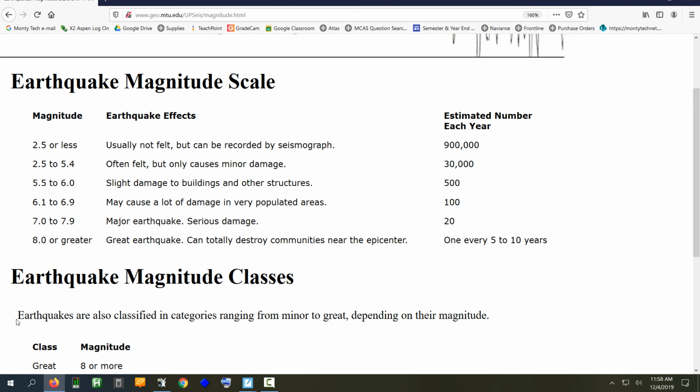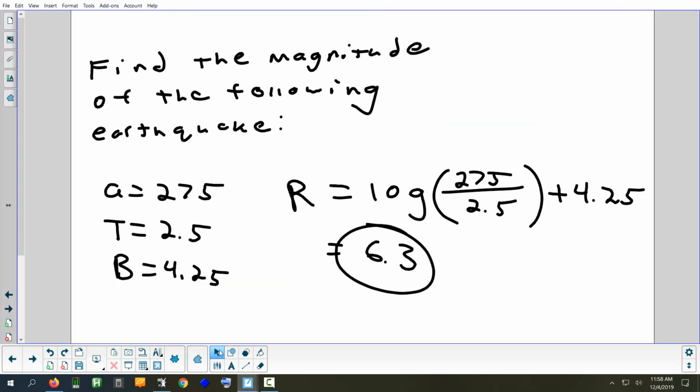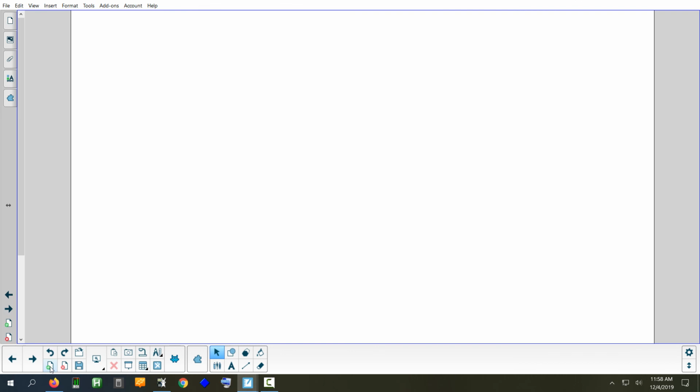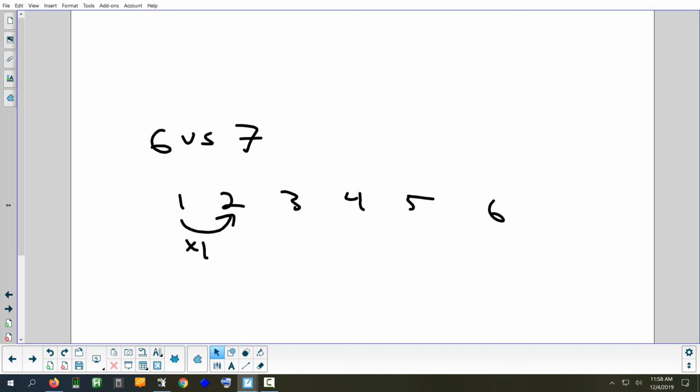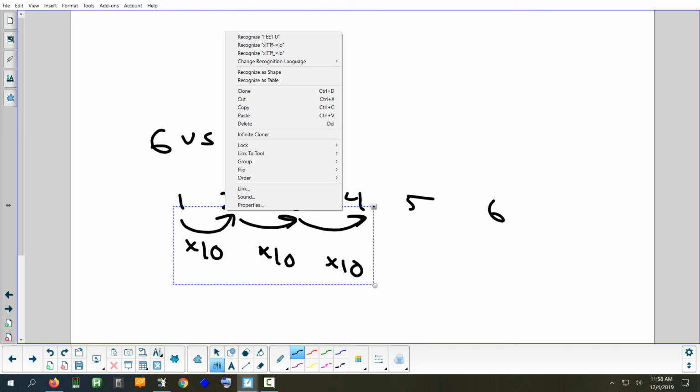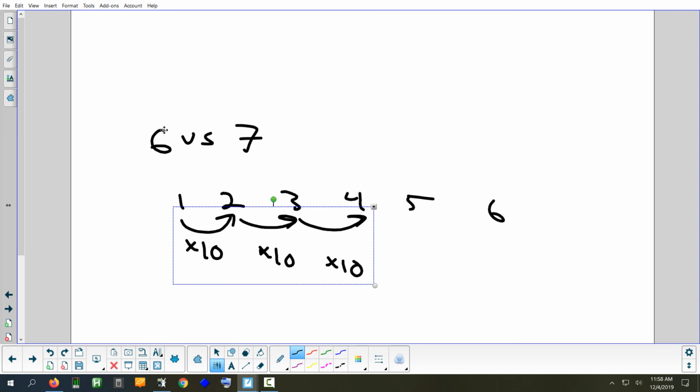Now, the other thing is when you look at the Richter scale, like let's say you have a magnitude 6 versus a magnitude 7. You might say, well, not a big difference, 6, 7. Well, the way the Richter scale works, since the formula is based on a log, each time you move one number to the right, it's 10 times more powerful. So like, if you compare a magnitude 2 to a magnitude 4, it's only 2 numbers away.